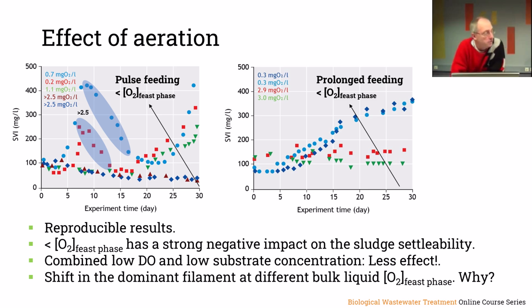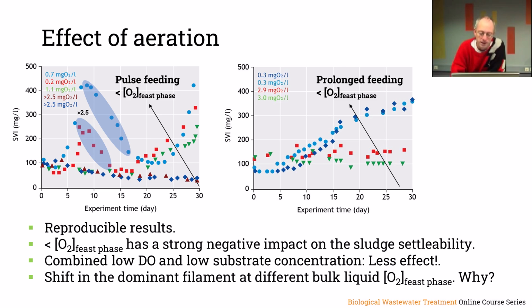On the right hand side you also see a figure of an experiment again. But now we look at prolonged feeding, and again with different oxygen concentrations. And then again you see that the low oxygen concentrations lead to bulking sludge, but not as quickly as when we give pulse feeding.